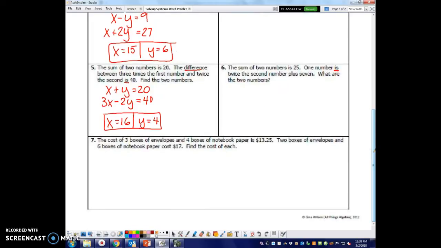Number 7. The cost of 3 boxes of envelopes and 4 boxes of notebook paper is $13.25. 2 boxes of envelopes and 6 boxes of notebook paper cost $17. Find the cost of each. So I'm going to make X envelopes and Y notebook paper.